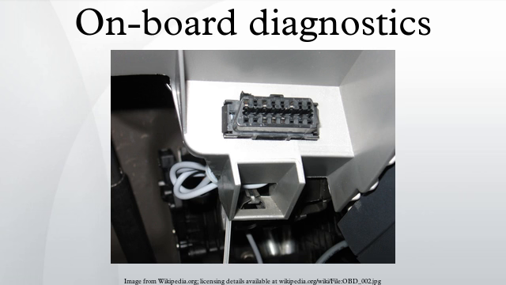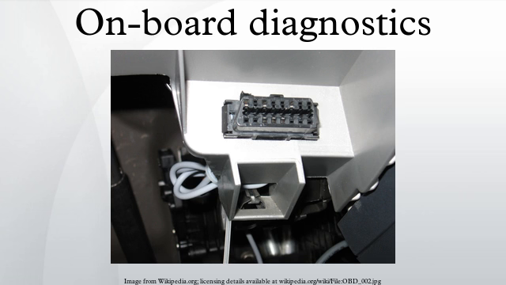SAE J1850 PWM: pin 2, bus plus, pin 10, bus minus, high voltage is plus 5 V, message length is restricted to 12 bytes, including CRC, employs a multi-master arbitration scheme called carrier sense multiple access with non-destructive arbitration. SAE J1850 VPW: pin 2, bus plus, bus idles low, high voltage is plus 7 V, decision point is plus 3.5 V, message length is restricted to 12 bytes, including CRC, employs CSMA/NDA.